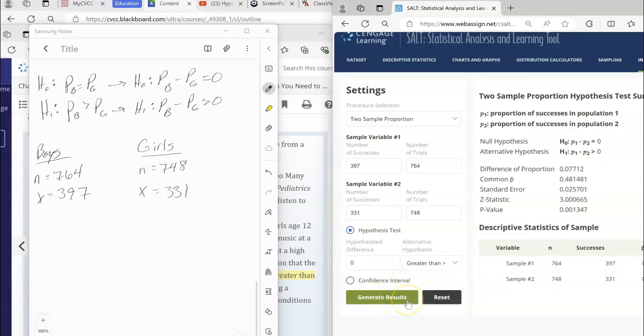Generate some results. So if we look at our test statistic here, we've got a 3, and then the corresponding p-value is 0.001.